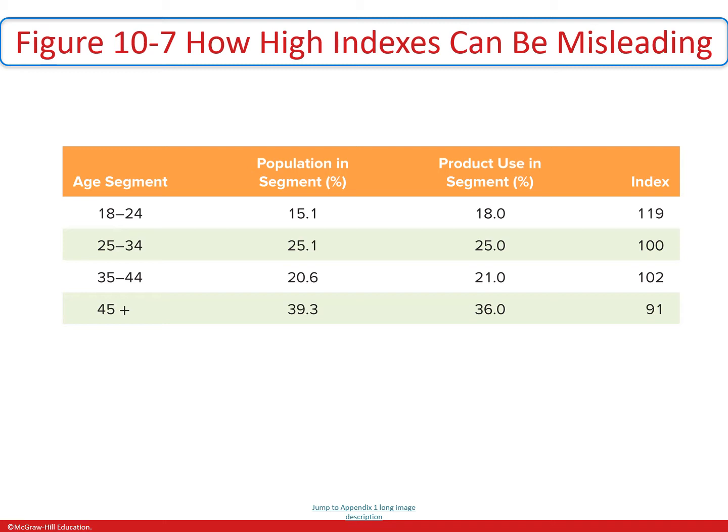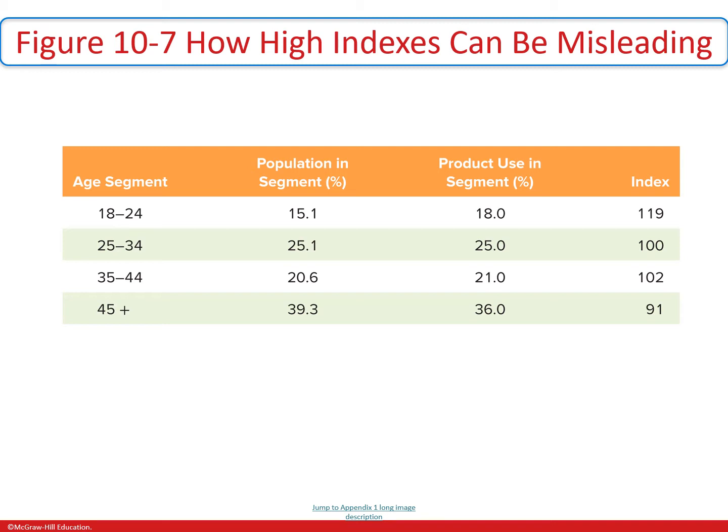So on the previous slide we said what? When the use is greater than the size, that's how you get the index numbers that are over 100. So here, population in segment, product use in segment, this number over this number, multiplied by 100 gives you the 119, right?